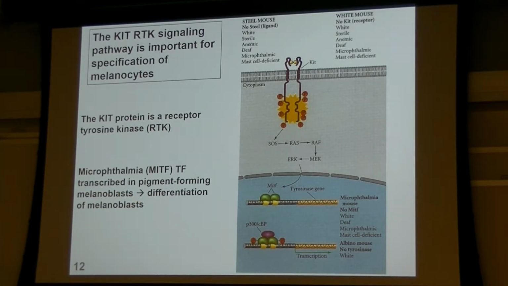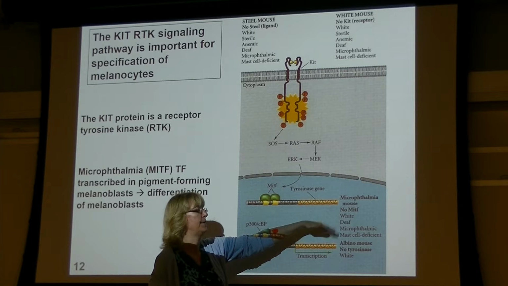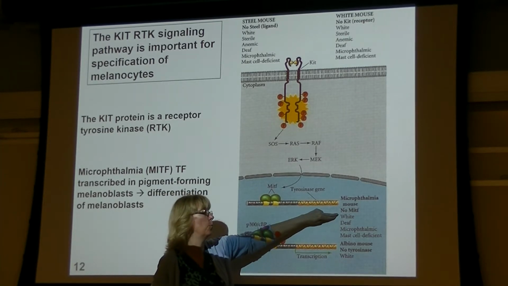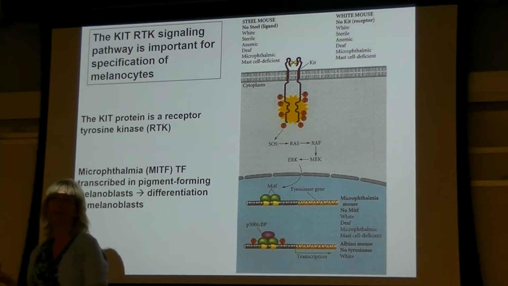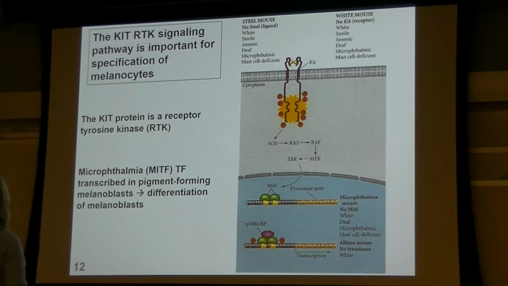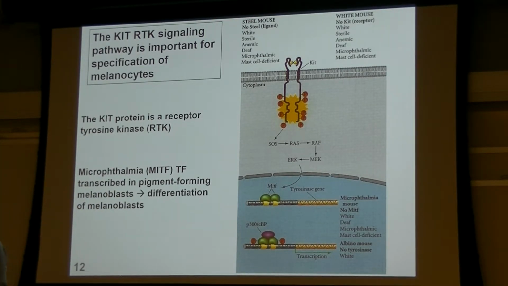So if you look at mutants along the way, either a mutant in Steel, in KIT, or in MITF, you can see that the phenotypes you get are white, deaf. That's because neural crest cells contribute to some bones of the ear, and so if they're not proliferating or migrating correctly, you don't get those bones forming correctly and you're deaf.